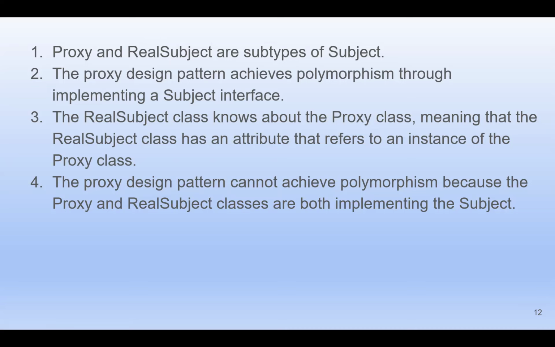Now, by going through this, you can easily disregard the fourth one because we said that polymorphism will be used in the proxy design pattern. So we can eliminate this one. If you look at the first one, proxy and real subject are subtypes of the subject. Yes, they are subtypes of the subject. They are implementing the subject interface. The proxy design pattern achieves polymorphism through implementing a subject interface.